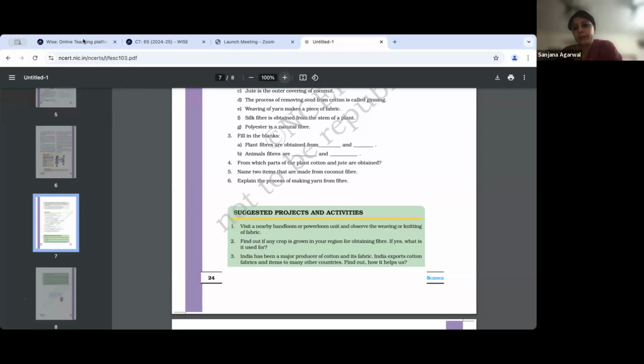Now you tell me, suppose I pull the yarn out of a torn pair of socks, what will happen? And why?